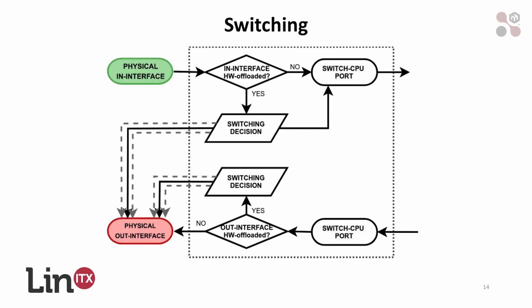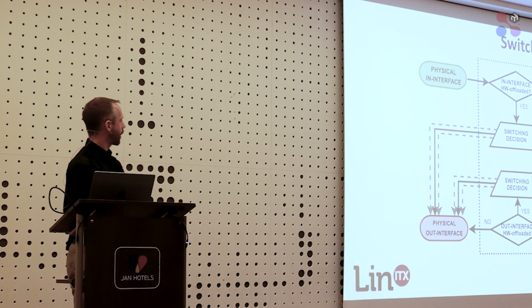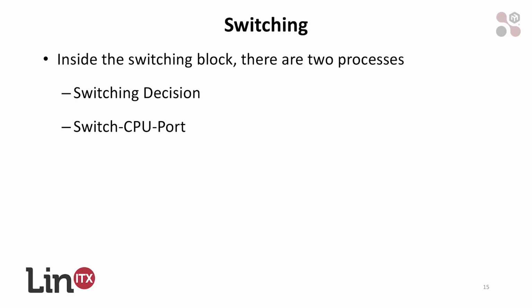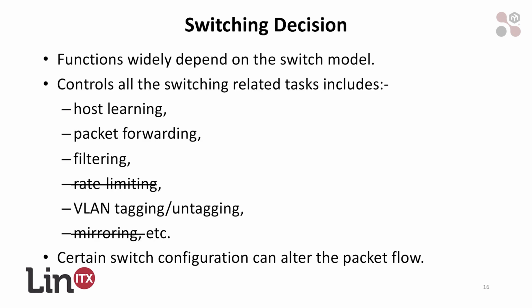And the switching function contains 2 main new features to help us understand packet flow. We have the switching decision and the switch CPU port. The switching decision controls some switching level functions: host learning, packet forwarding to decide where it's going to go next.